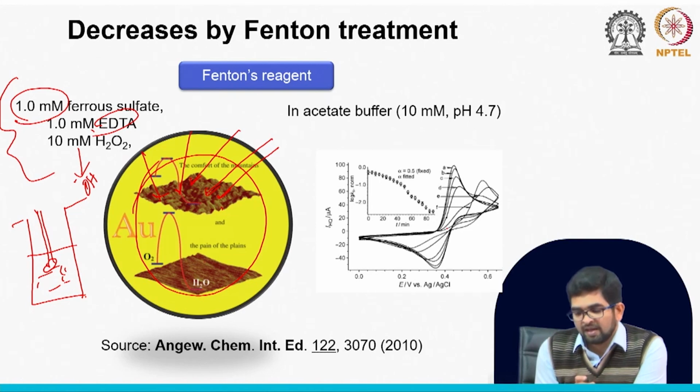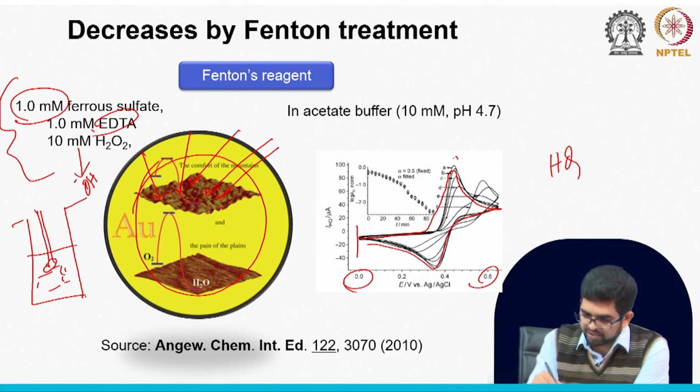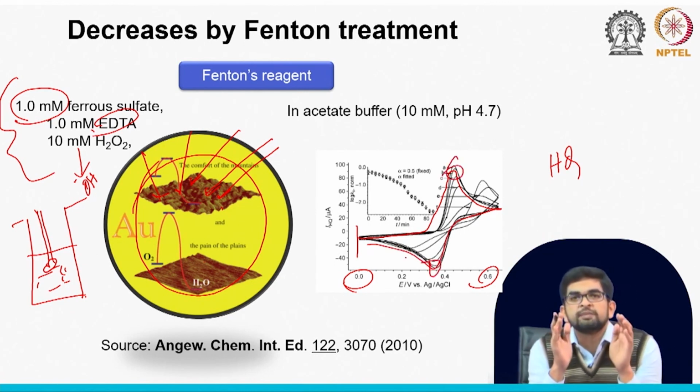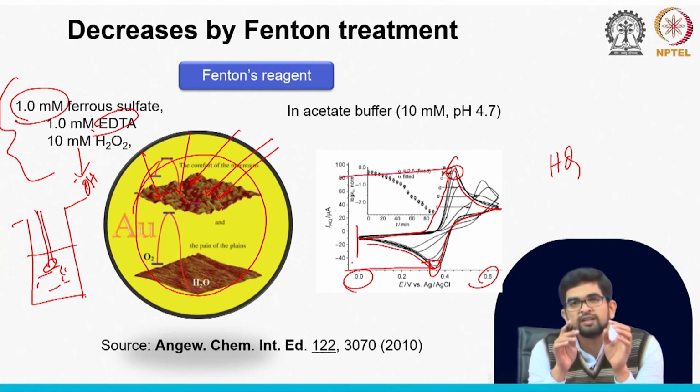And you can see the cyclic voltammogram. I told you last class also, this is just a hydroquinone cyclic voltammogram. So we measure 0 to 0.6, this is hydroquinone. See, just before the Fenton treatment, we are getting very high catalytic activity, right, because the oxidation peak and reduction peak are very close, and you are getting high current.